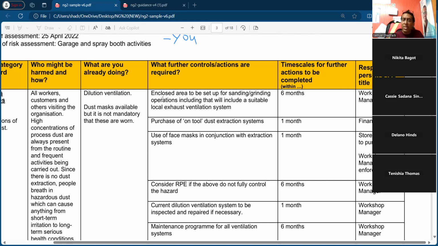So then what could be a further control? If you saw two workers moving a heavy piece of equipment by hand, what could be a further control? Anybody? If you saw two persons moving something heavy by hand, what is a further control?